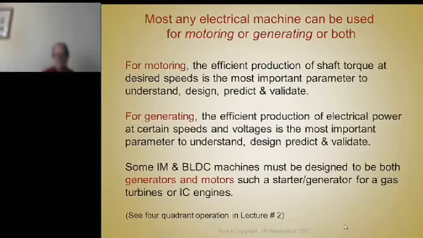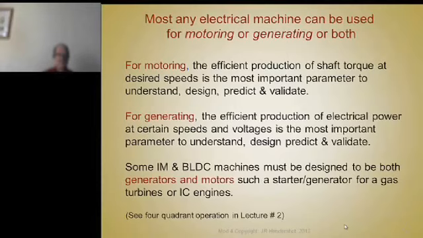That doesn't have anything to do with generating power, except for the thermal aspects of it. So in generating, the iron losses are considered mechanical losses. For motoring, the iron losses are considered electrical losses, same as the ohmic losses.